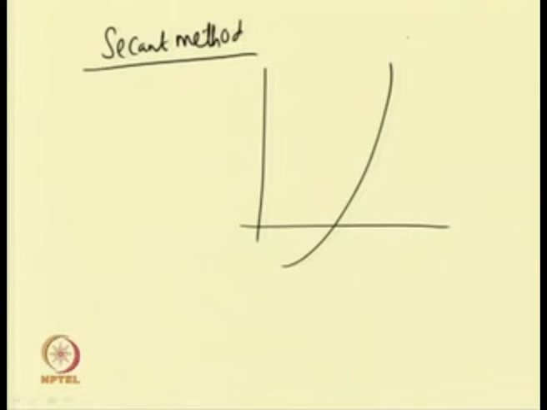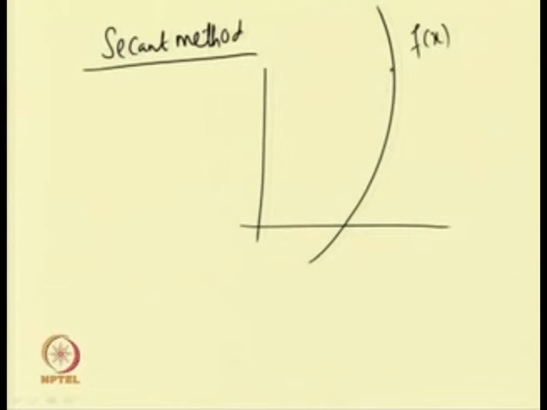Now let us take 2 points on this, and draw a line. Let this be our f x. This line is passing through this point and this point.